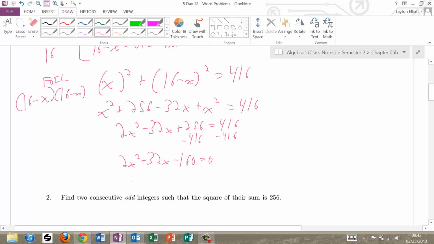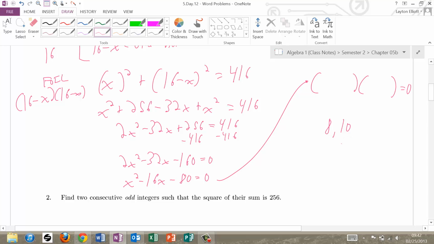Let's take out a greatest common factor. I can actually divide both sides by 2. So I get x squared minus 16x minus 80 is equal to 0. And then I'm trying to take this and factor it with an equal 0. What times what is equal to 80? Well, we want them to differ by 16, so I'm going to start in the middle with 8 and 10.